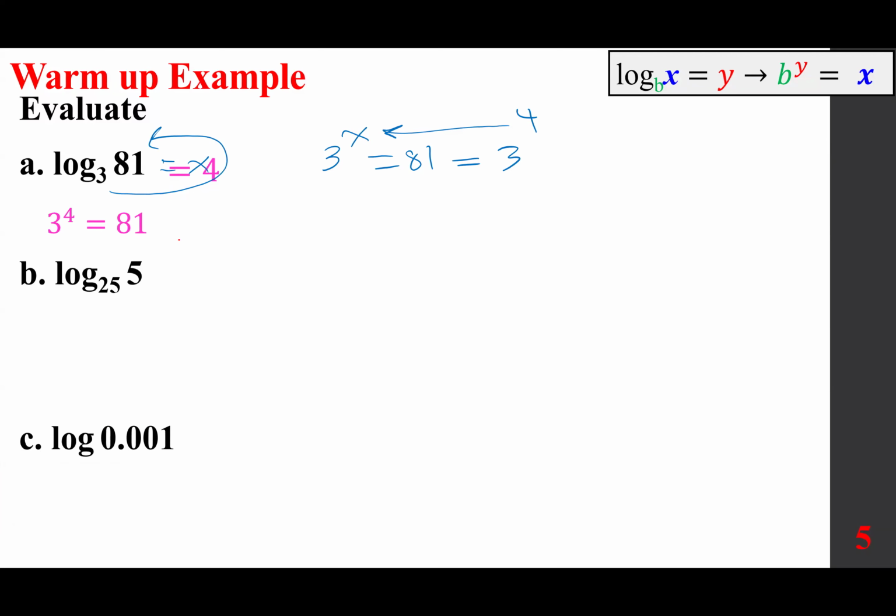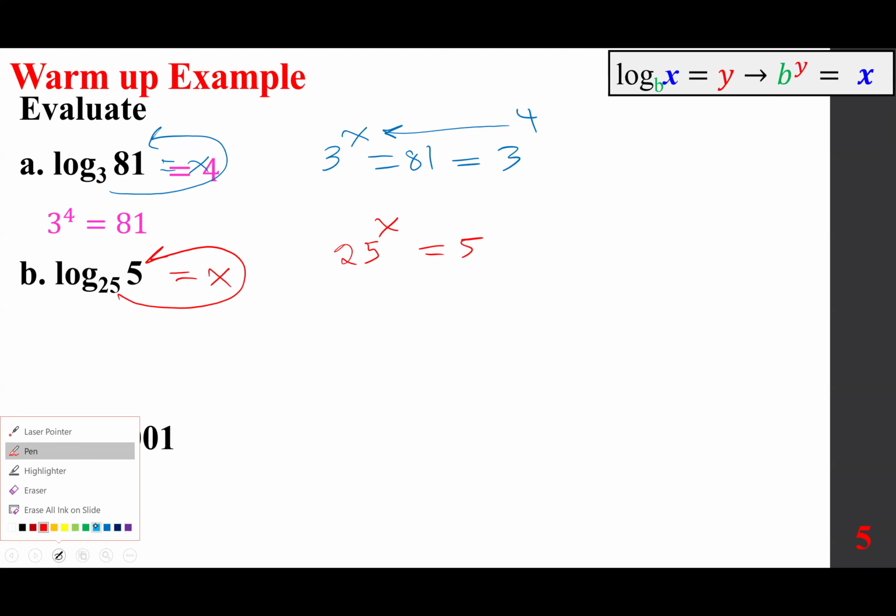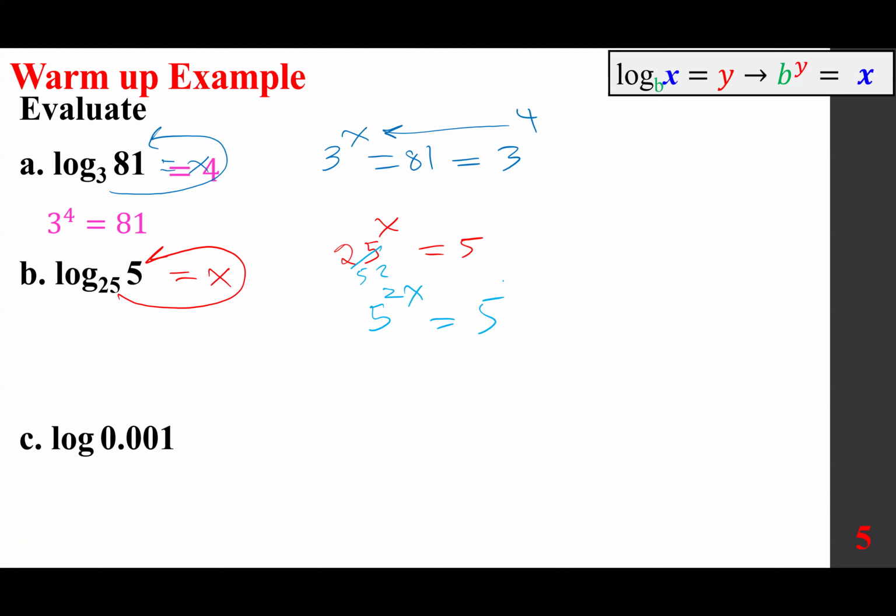What about log base 25 of 5? Again, we don't know. This is what we did in algebra. We would write 25 to the power of x is 5. And we know 25 is 5 squared. So you have 5 to the power of 2x equals 5.